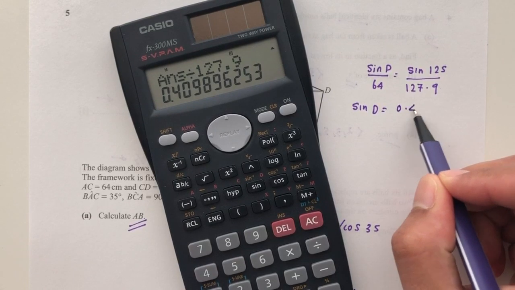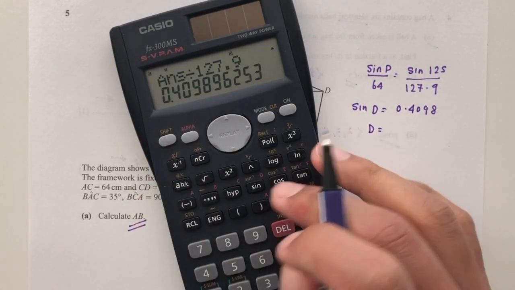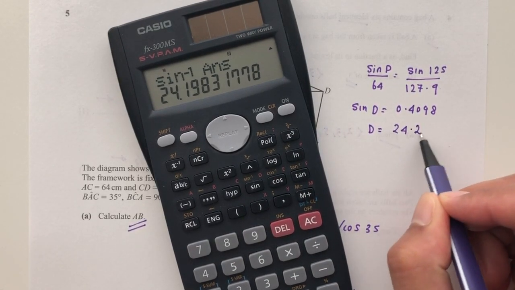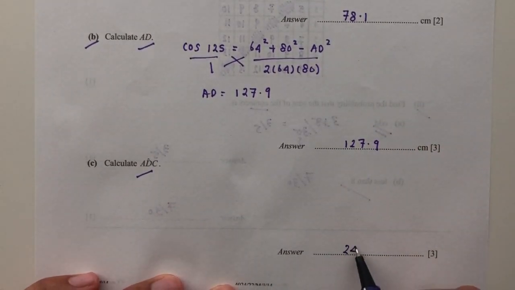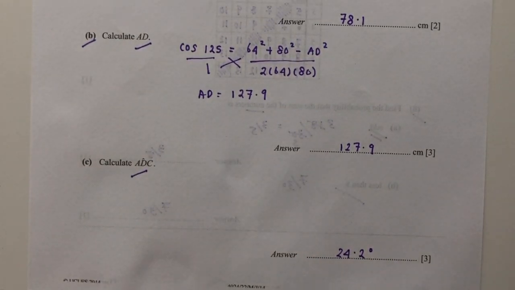That will be 0.4098. So D will be sine inverse. That will be 24.2 degrees. So that will be the value of angle D, 24.2 degrees. So that will be part C.